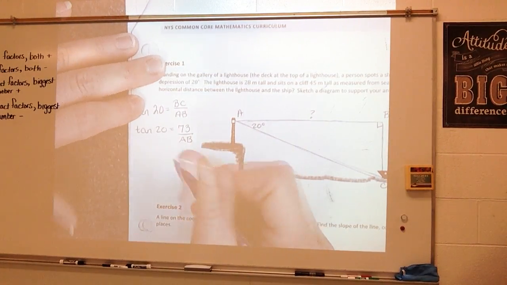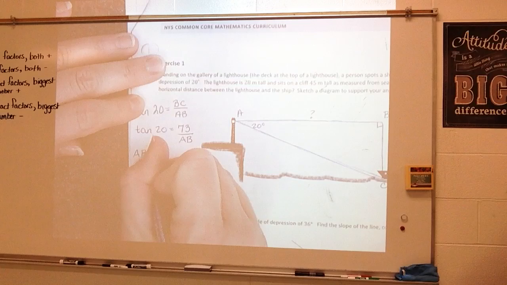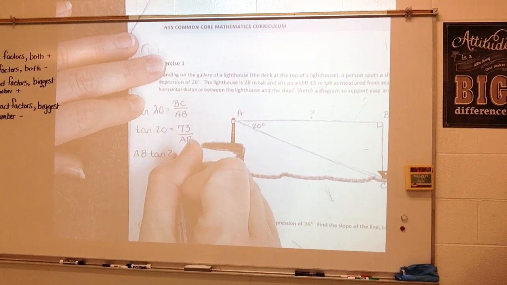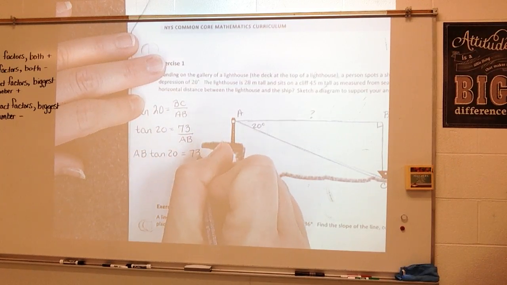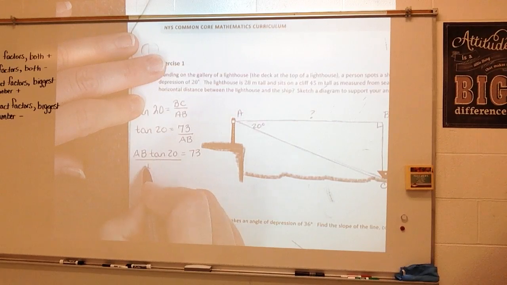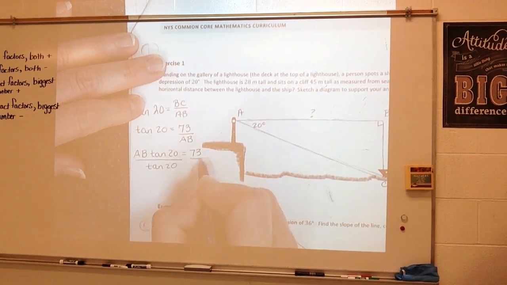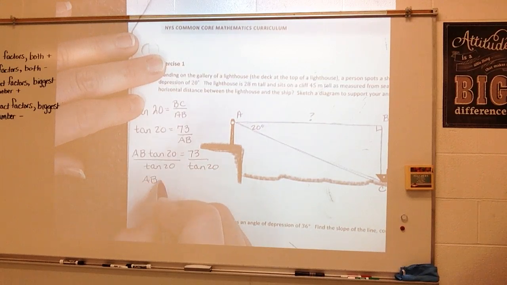So if I multiply both sides by AB, I end up with AB tangent 20 is equal to 73. I'm going to divide by the tangent of 20, so I get AB is equal to 73 over the tangent of 20.